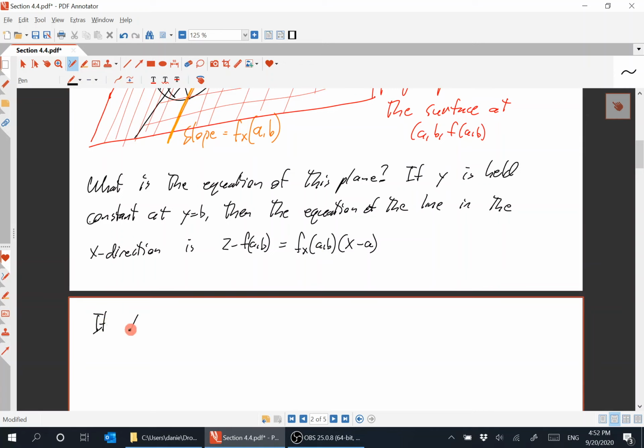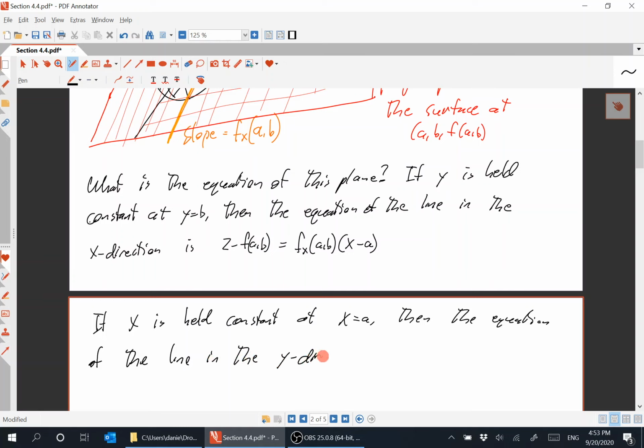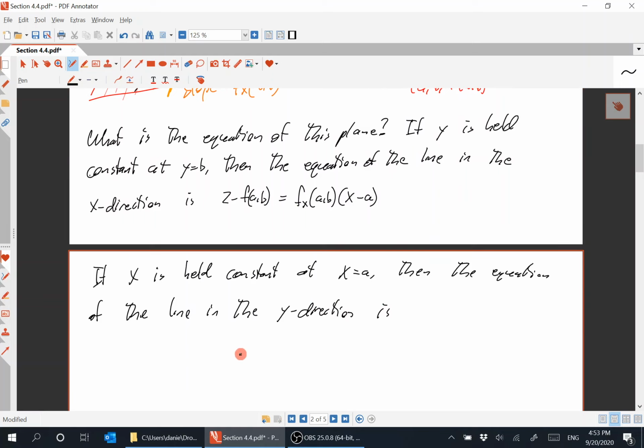If x is held constant, at x equal to a, then the equation of the line in the y direction is, well, same as this. z minus f of a, b equals the derivative, this time the partial derivative with respect to y, times y minus b.